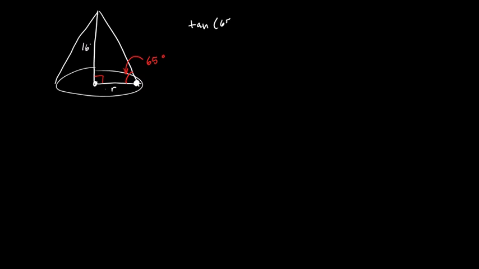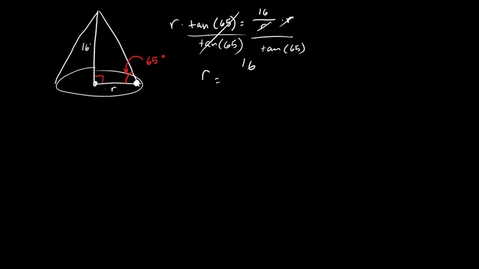Tangent of 65 degrees is equal to the opposite over the adjacent. In order to solve for the radius, I need to multiply each side by r to get the radius out of the denominator. And then I divide each side by tangent of 65 to isolate my variable.